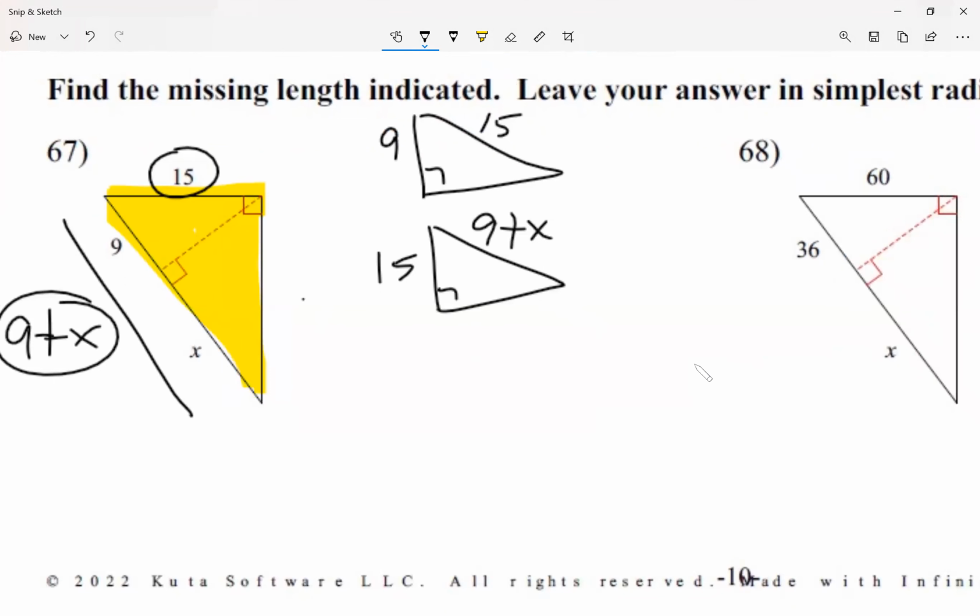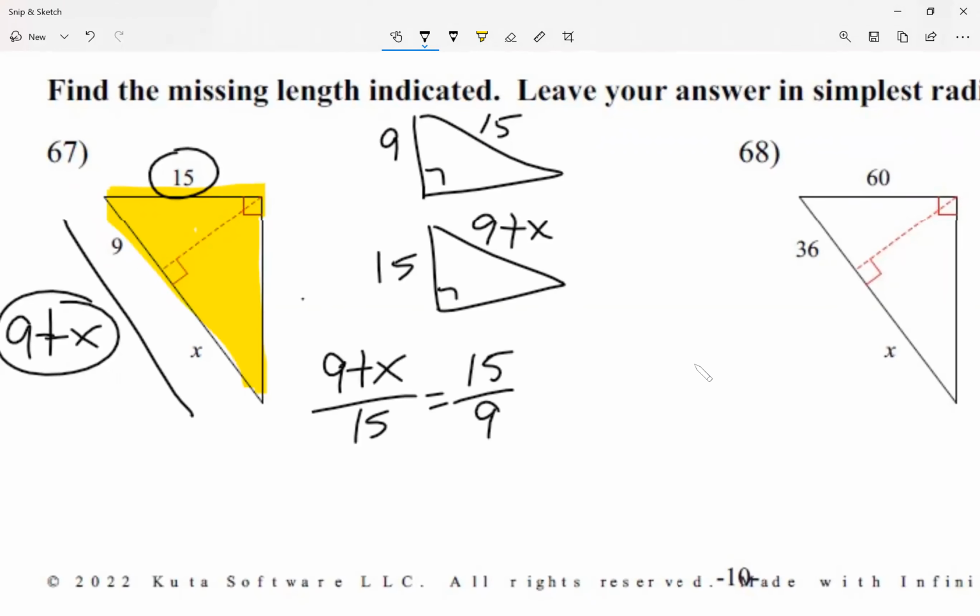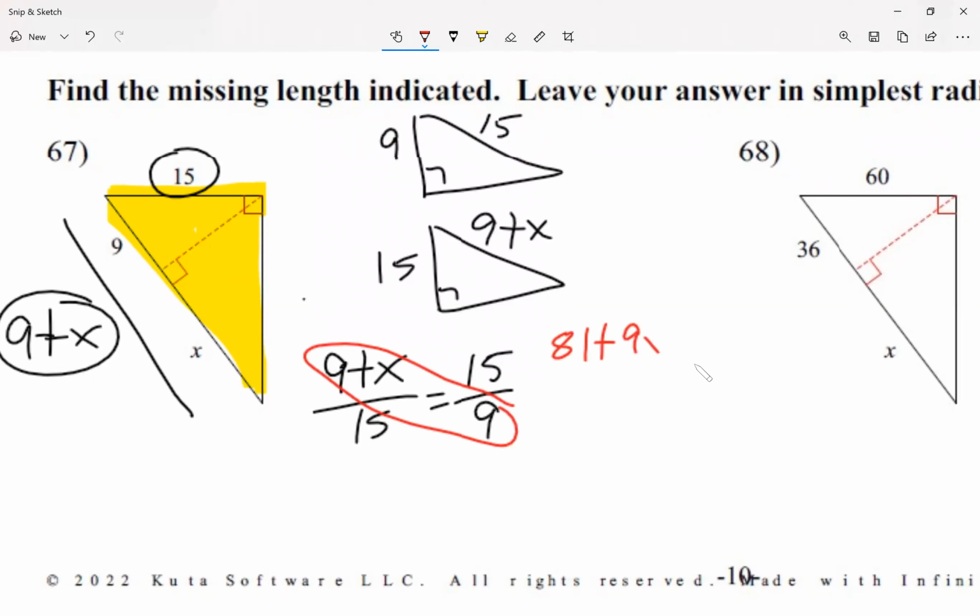Using the information from the triangle at the bottom, I'm going to say 9 plus x over 15 equals, now using the corresponding sides, 15 over 9. And I'm going to cross multiply: 9 times 9 and 9 times x. I'm going to have that 81 plus 9x equals 15 times 15 is 225.